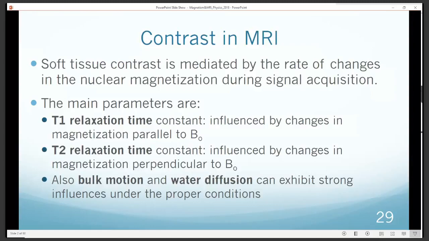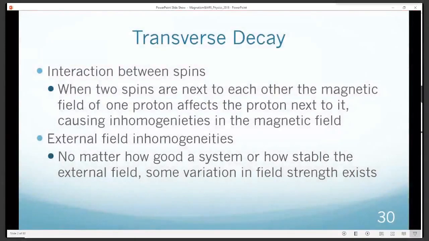But there are two other important parameters called the relaxation times I've already alluded to, called the T1 relaxation time, which is a function of how long it takes for the magnetization to realign with the main field, and the T2 relaxation time, which characterizes the dephasing of the transverse magnetization and how quickly the signal goes away. Other things that affect contrast are bulk motion and water diffusion. They're beyond the scope of today's talk, but hopefully we'll get to them in the future.